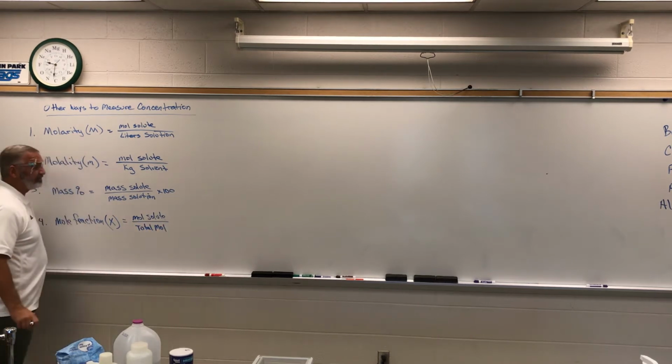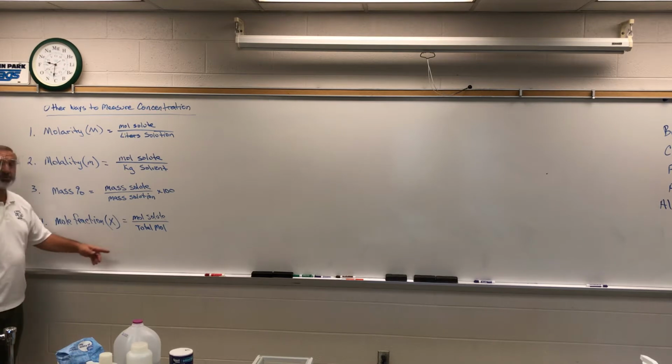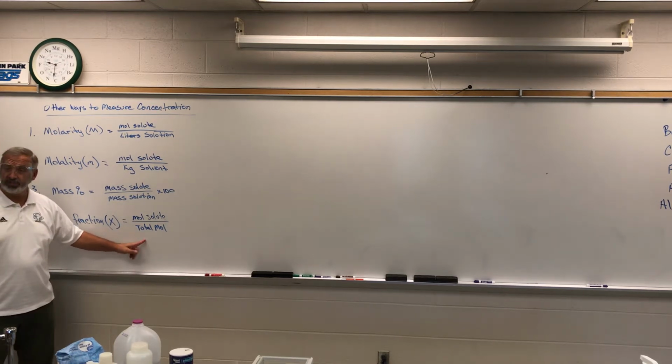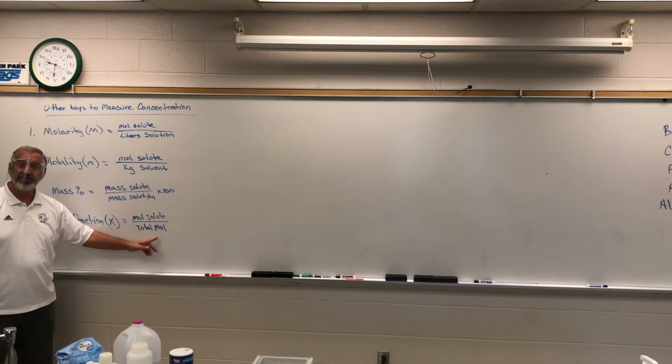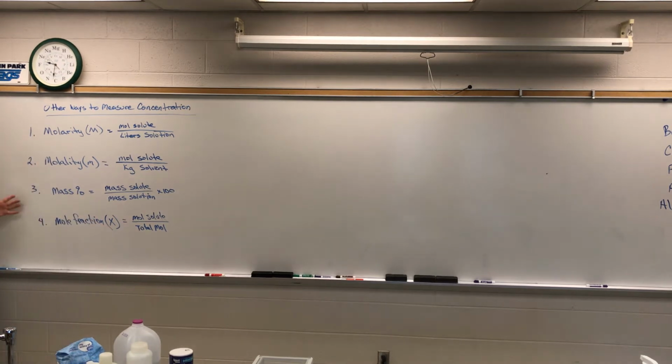Okay, and it's a fraction, so we don't multiply this one by 100. Now, total moles is going to be moles of solute plus moles of solvent. So solute over solute plus solvent. So these are the 4 ways we can measure concentration.